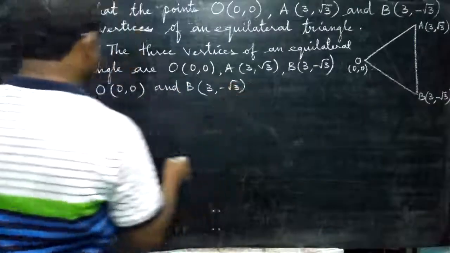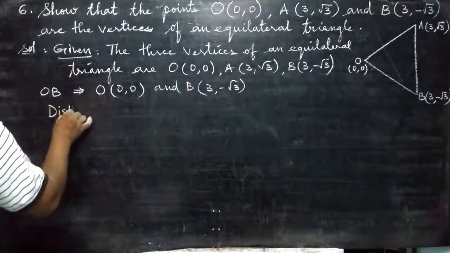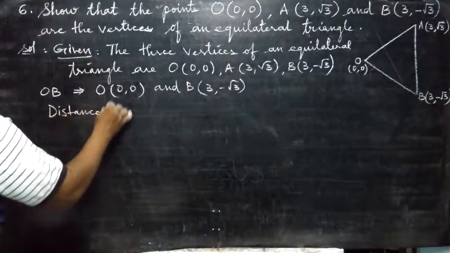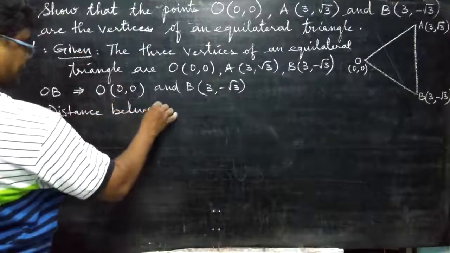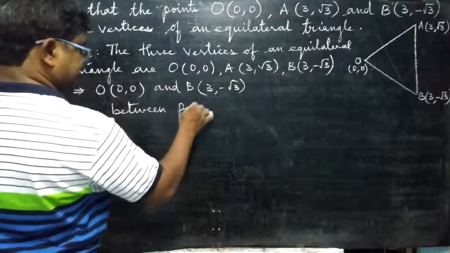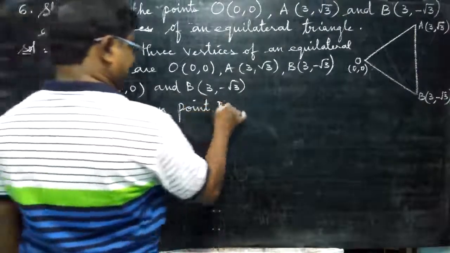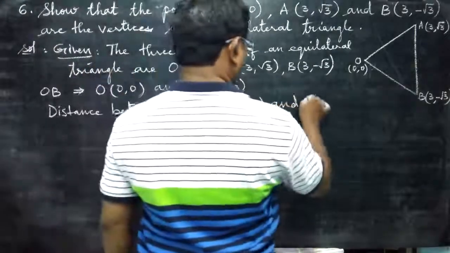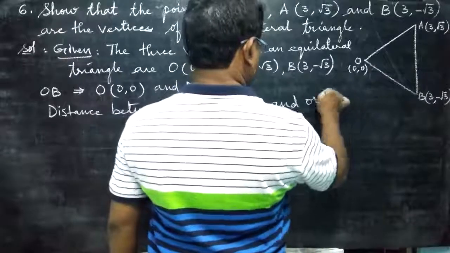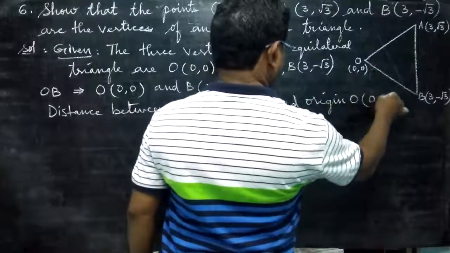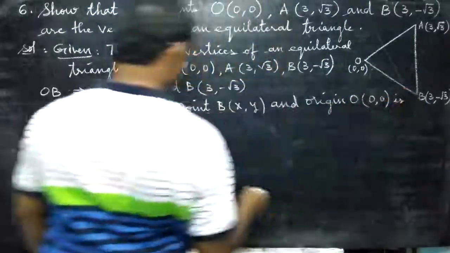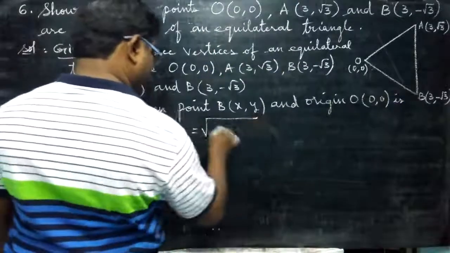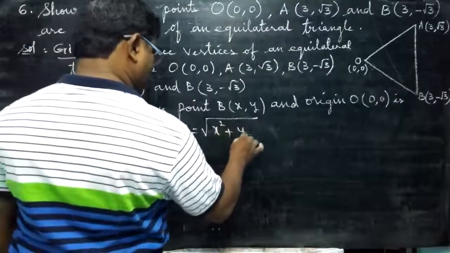When you see this, immediately the formula should come into your brain. Distance between point B (x, y) and origin O, ordered pair (0, 0), is the square root of x square plus y square.